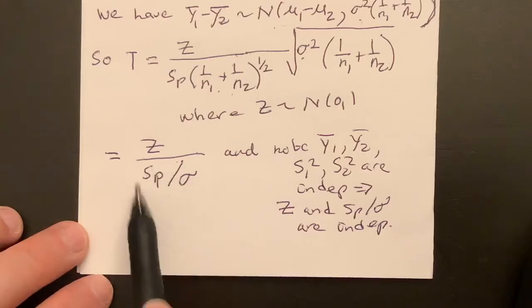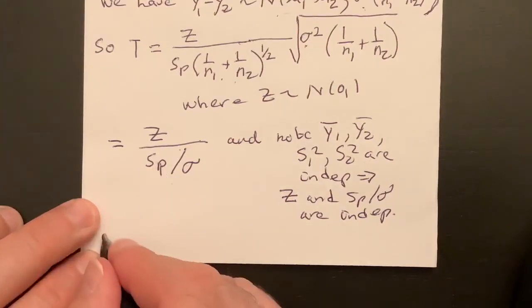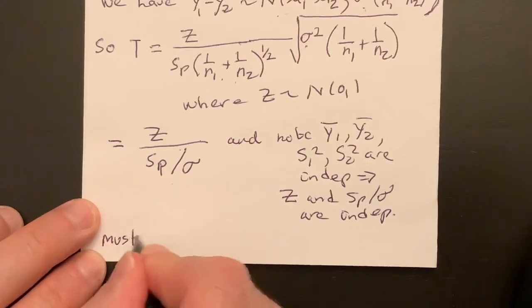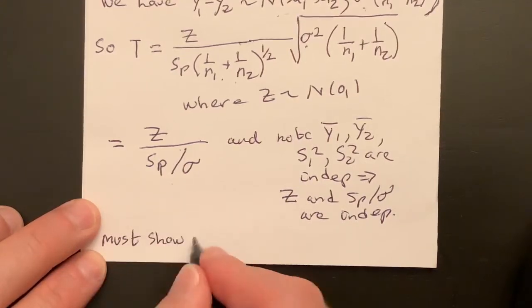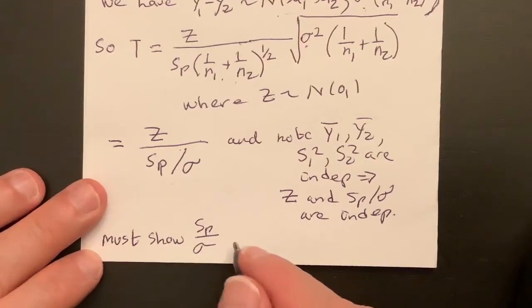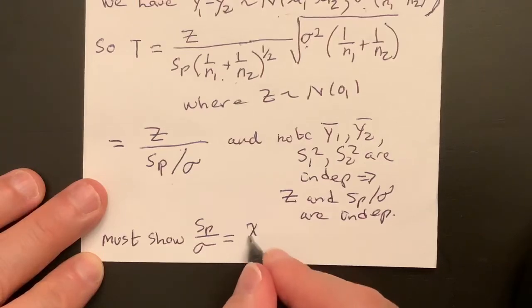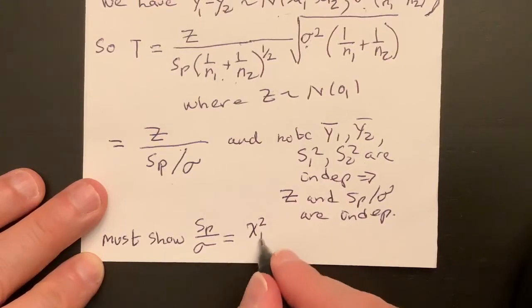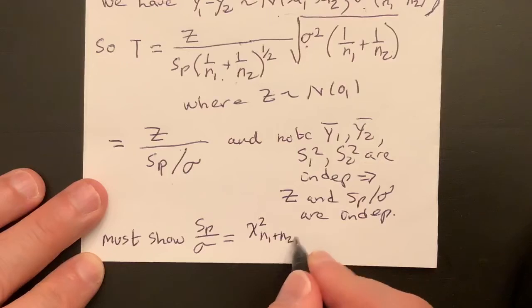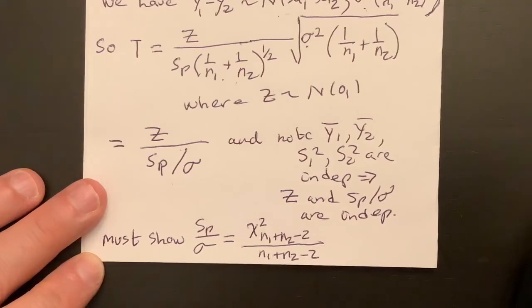All right, so to complete the proof, we must show Sp over sigma is equal to a chi-squared random variable with n1 plus n2 minus 2 degrees of freedom divided by n1 plus n2 minus 2. Okay, that's all we have to do.